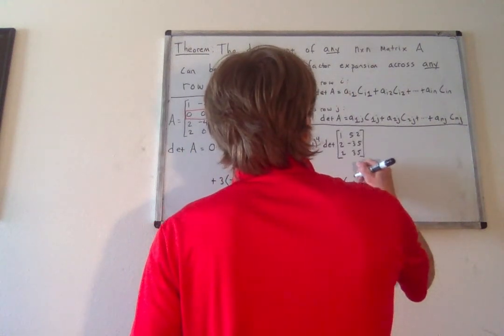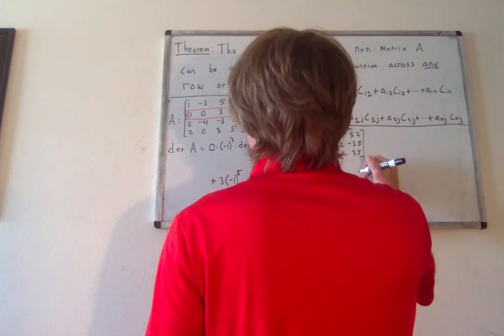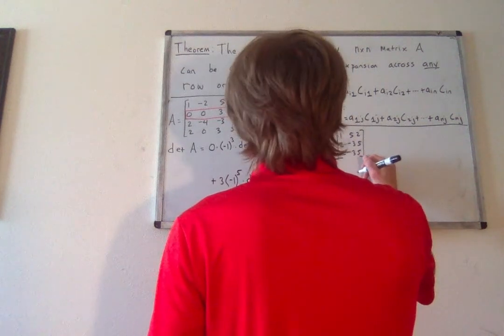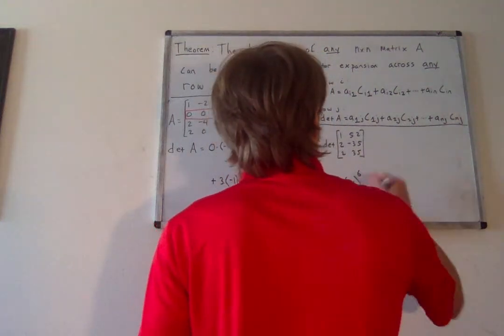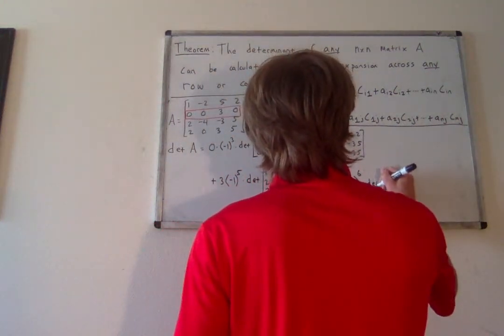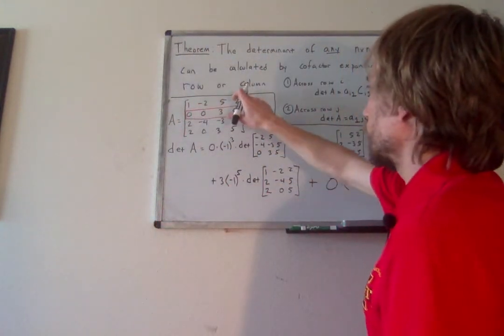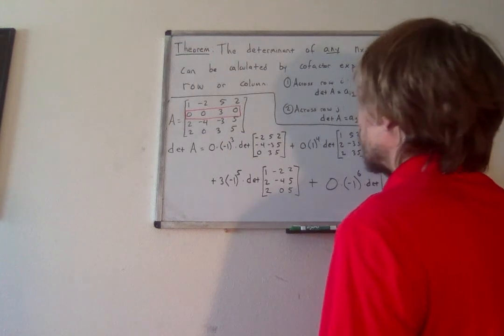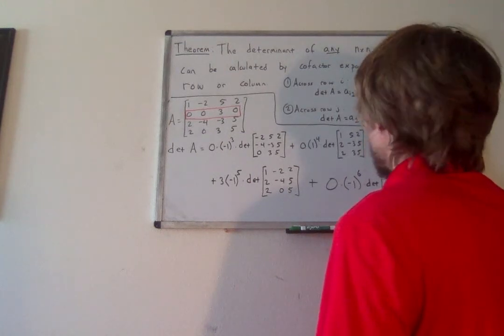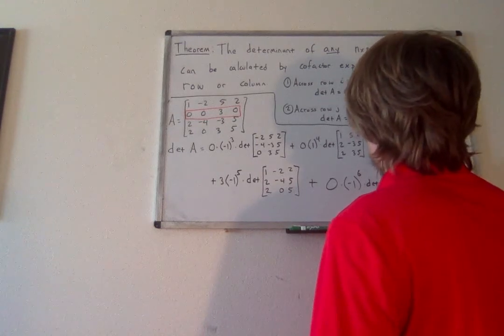So 0 times (-1) to the 6th times the determinant of, well, now I want to delete this row and this column, so that should be 1, -2, 5, 2, -4, -3, 2, 0, 3.